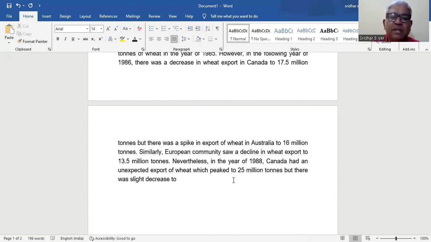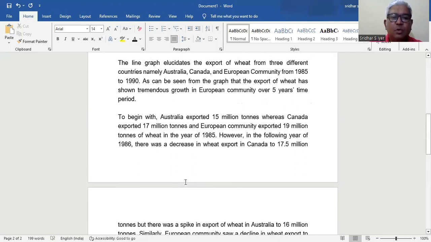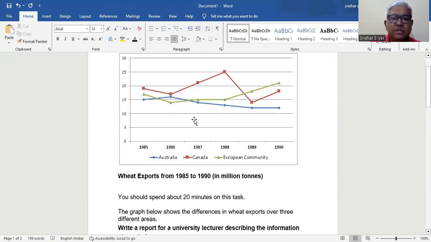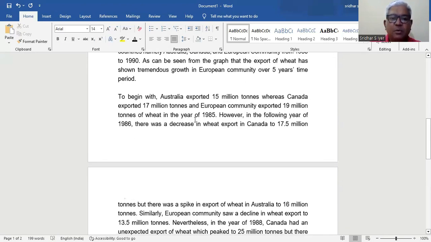25 million tons, but there was a slight decrease of wheat in Australia. So what was that? It was about the same, 13.5 million tons.